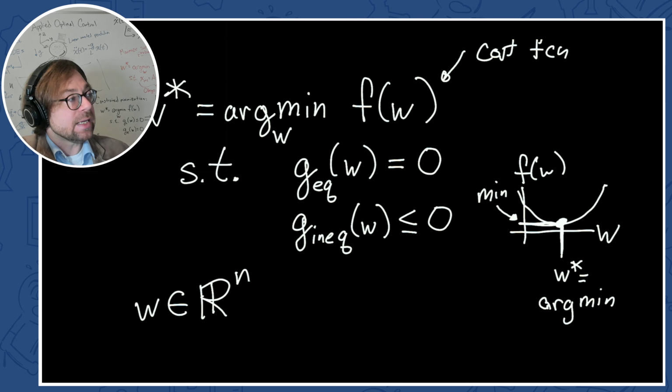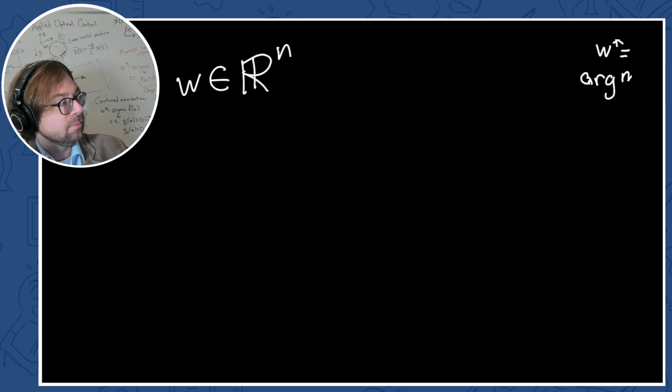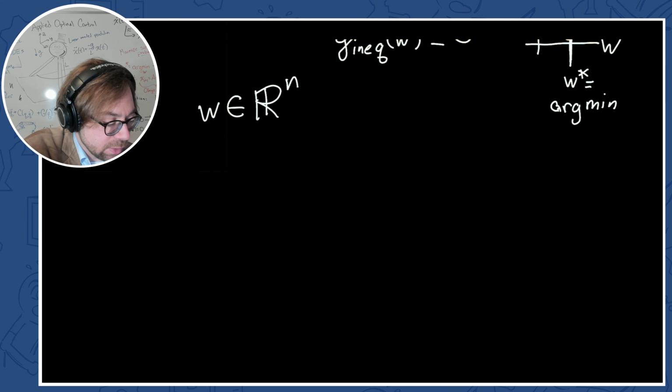So this is an optimization problem or a program that has constraints, right? It's a constrained optimization problem. So how do we solve a problem that has constraints? Well, I'm glad you asked. So let's scroll down here.